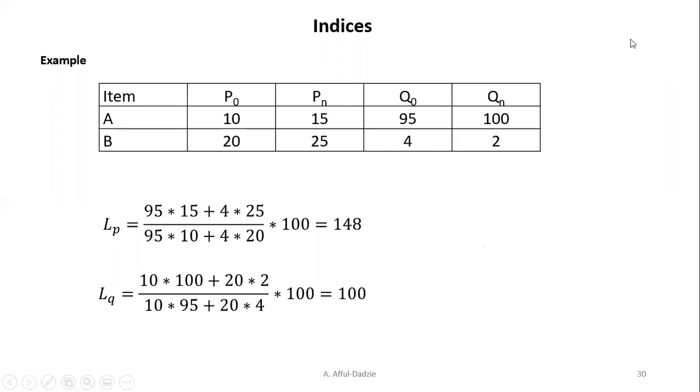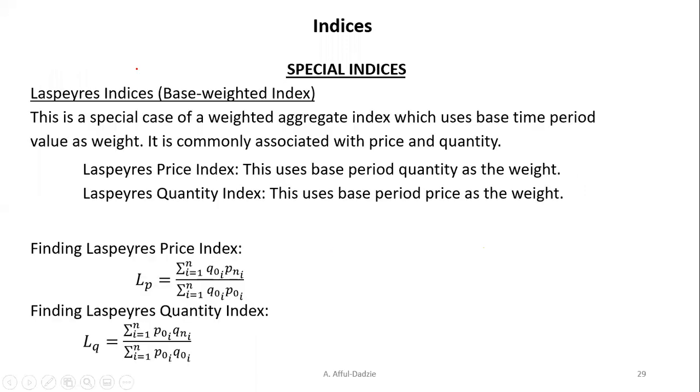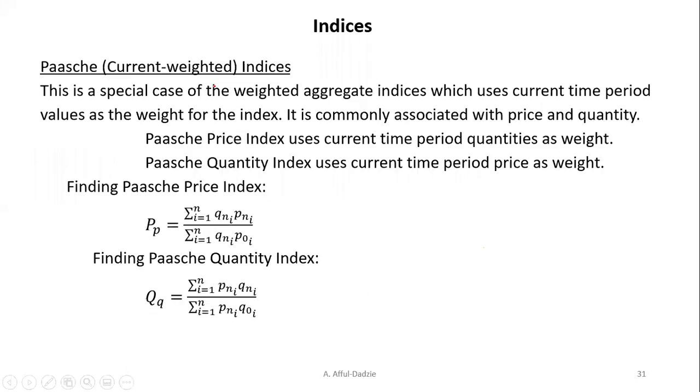All right. So here, let's get to the second one, which is the Paasche index. Okay, the Paasche price index and then the Paasche quantity index. The only difference here is, look, the first one is called Laspeyres, the base weighted index. So here we use the base values as the weights. When you come to the Paasche, it is the current weighted index.